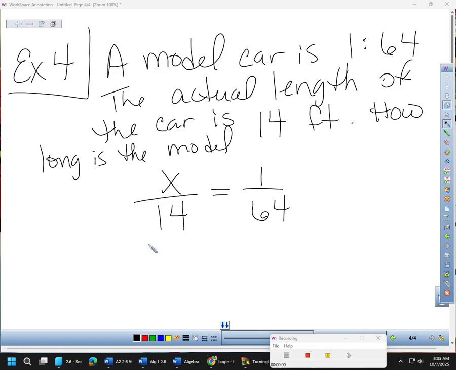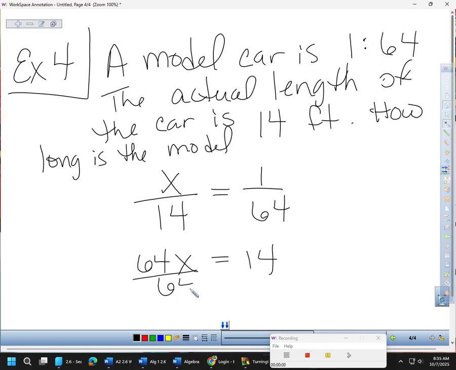So I have x times 64, or 64x, equals 1 times 14. Then what do I have to do? Divide by 64, exactly. We get x equals 0.219 if we round, feet.